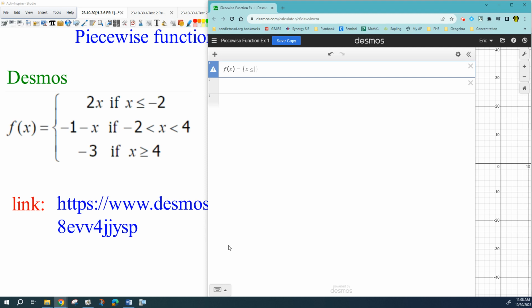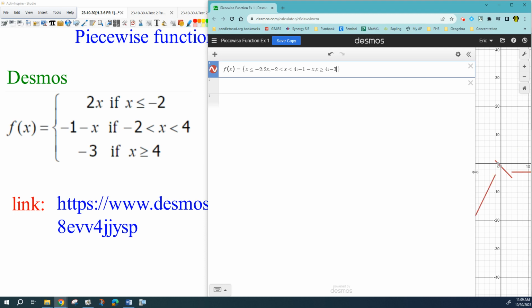So less than or equal to -2, colon, 2x, comma, good, -2 is less than x less than 4, colon, -1 minus x, good. Next, comma, okay, good, x is greater than or equal to 4, colon, -3.